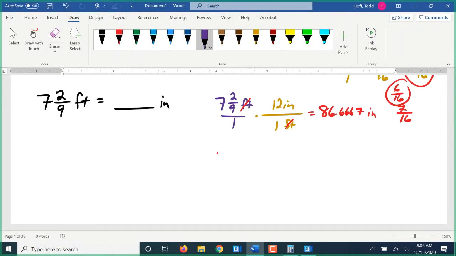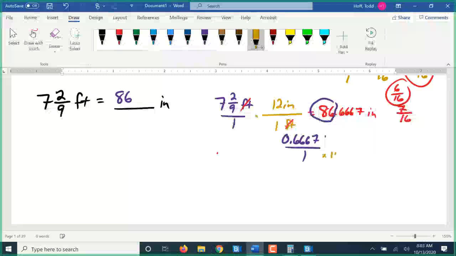Now, just like before, the part that's in front of the decimal is my whole inches, 86. That's going to be part of my answer. It's that 0.6667 inches that I need to work with. I'm going to put it over 1 right now to make it a fraction, but I want it to be the nearest 16th. So I'm going to multiply by 16 to turn the 1 into a 16. 0.667 times 16 is 10.667, I believe.